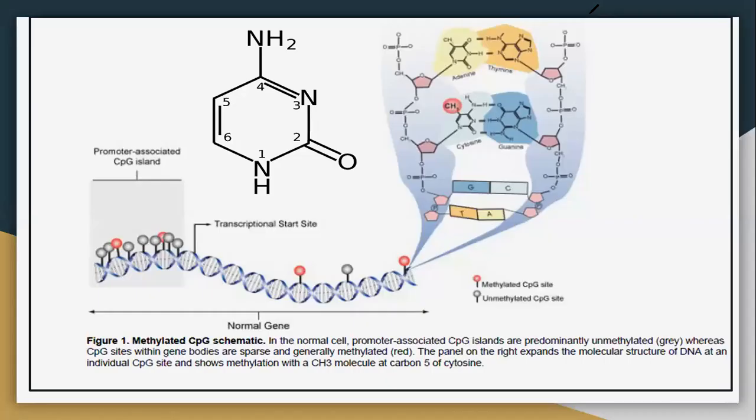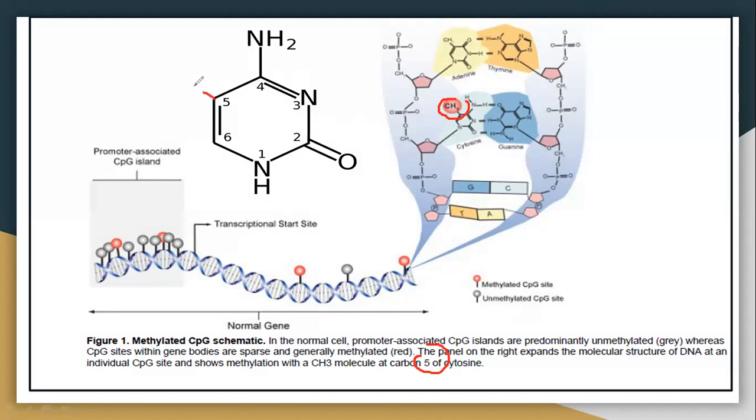See, these are the methylated CpG cytosine residues. The methylation occurs at the 5' position of the cytosine.